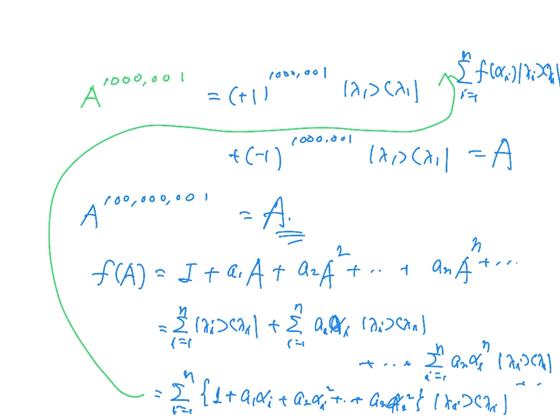So a matrix function can be defined. So we can define the exponential of a matrix or something like that. So the spectral theorem also allows us to define matrix functions.